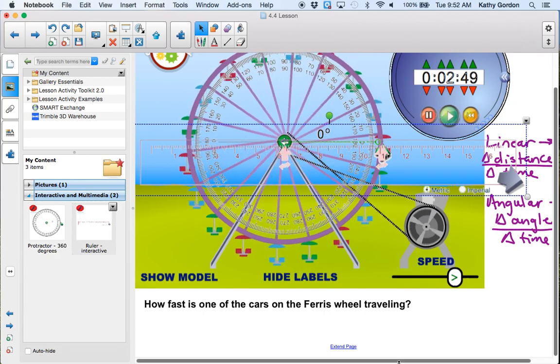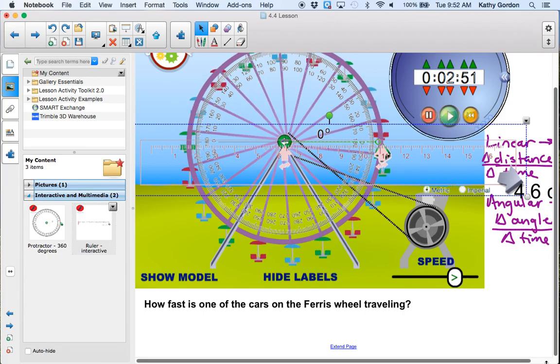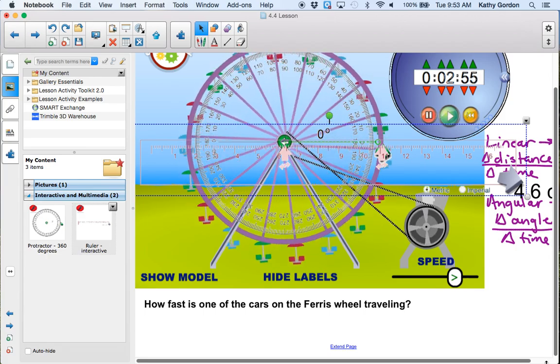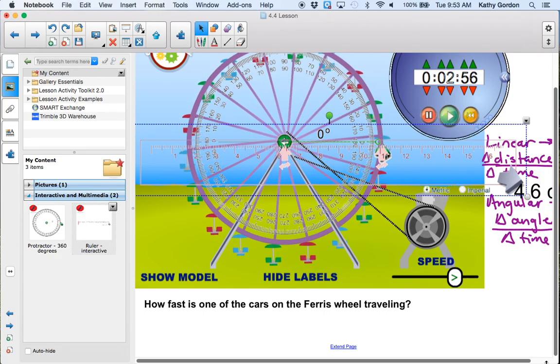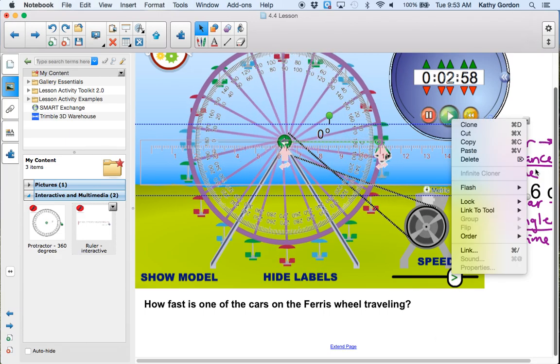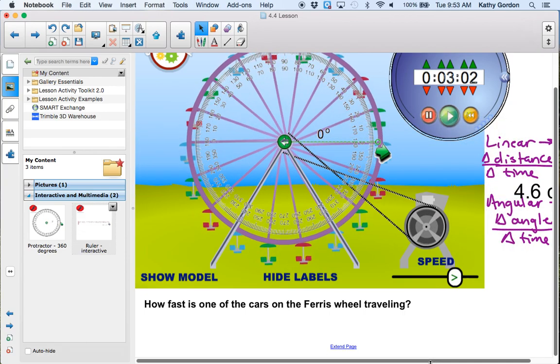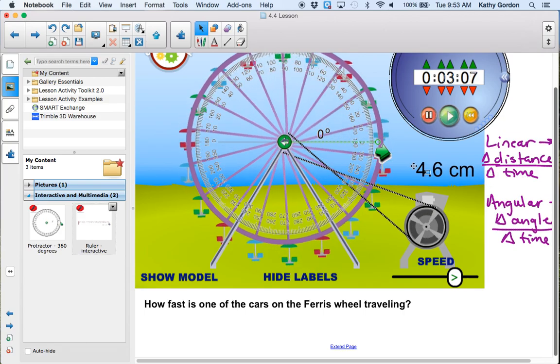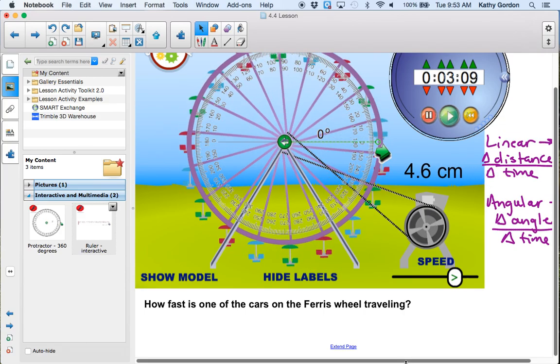About right? Okay. 4.6 centimeters. All right, 4.6 centimeters for that. And 10 seconds for our time.